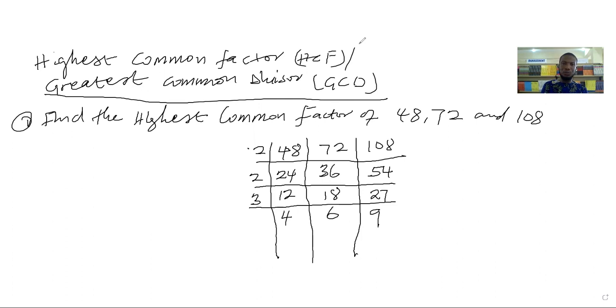Therefore, our H.C.F is 2 times 2 times 3, which will give us 12. So that is the greatest common factor of 48, 72, and 108. Let's take another one.